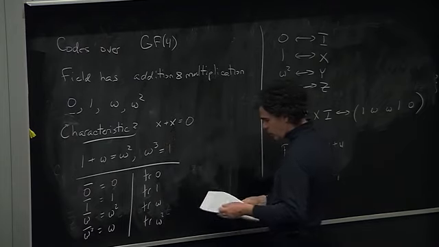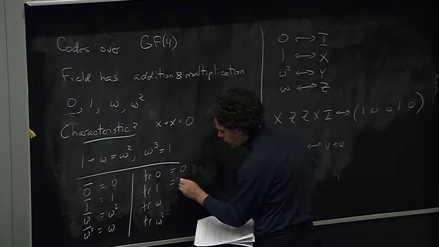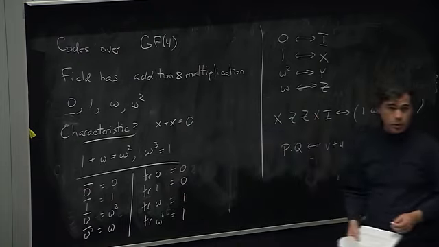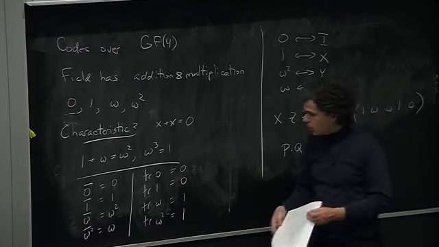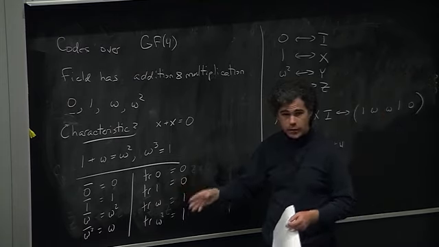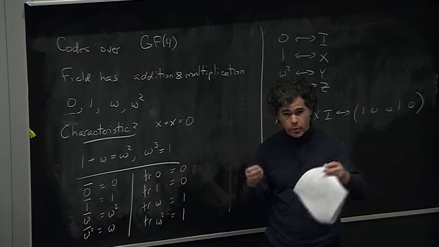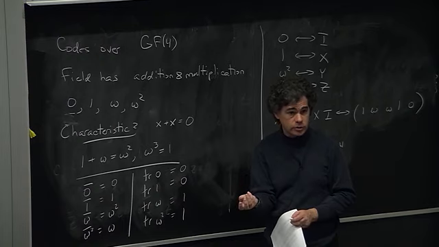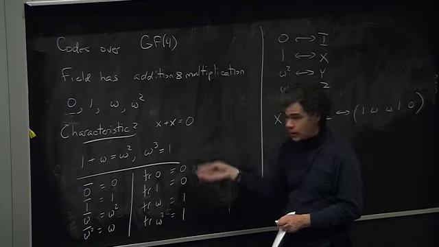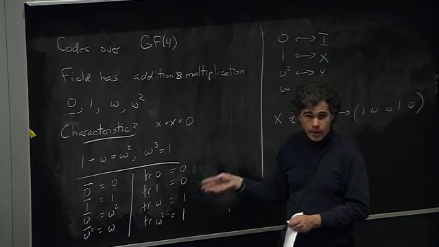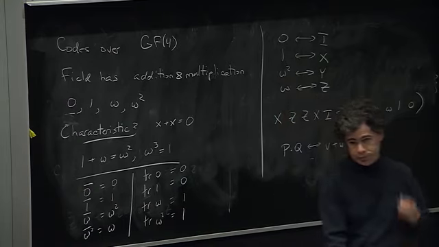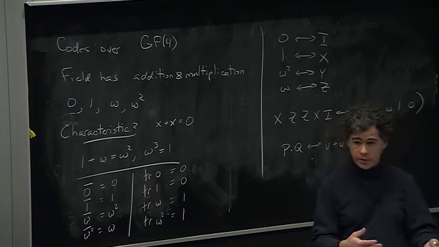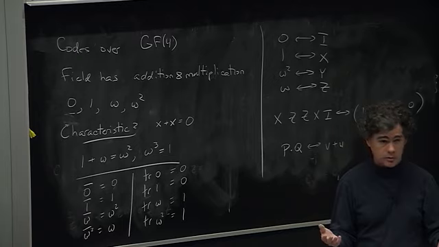Okay, and trace of 0 and trace of 1 are both 0, and trace of omega and trace of omega squared are both 1. And what this means is the trace is a way of going from this GF4 back down to the base field Z mod 2. Right? We always get a bit out. And that's going to be important because, well, the commuting versus anti-commuting, that's a binary thing.